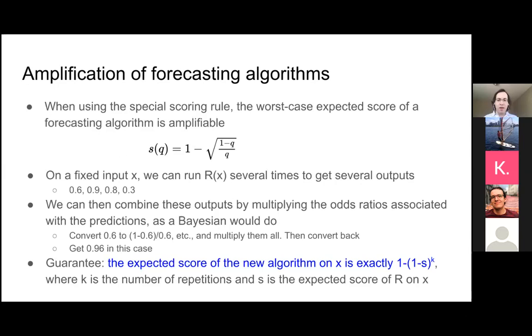First of all, it's linear. This expression is roughly s times k, but also you have an exact expression for the new score. Whereas if you just repeat a randomized algorithm a few times, you don't have a nice closed form expression for the new bias of your algorithm.